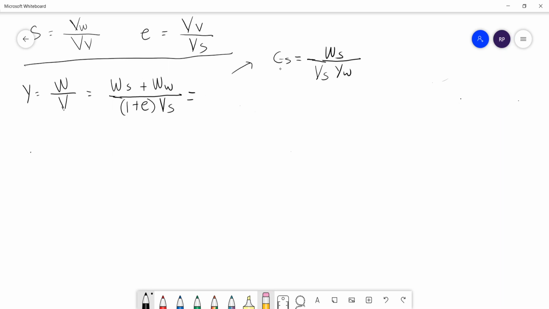So we rewrite your Ws: if we transpose this to this side, you will have Gs Vs Yw.